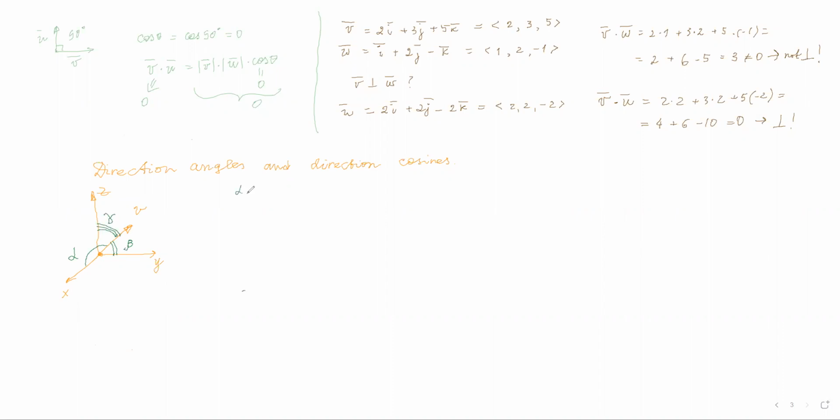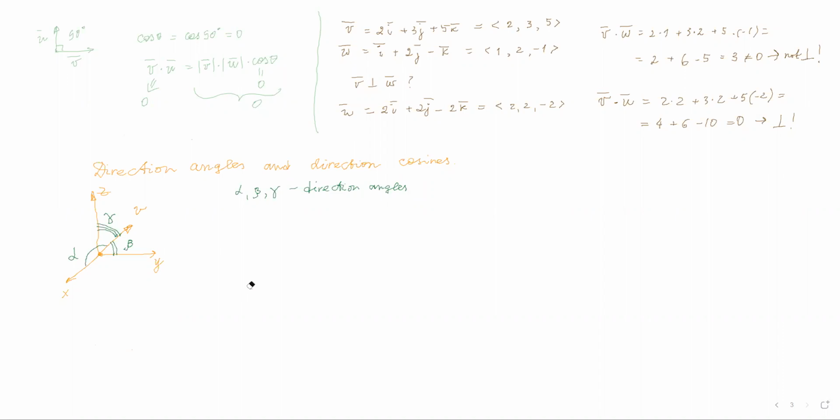And these angles, alpha, beta, and gamma, are called direction angles. Very nice, right? Direction angles are telling you which direction the vector looks at.